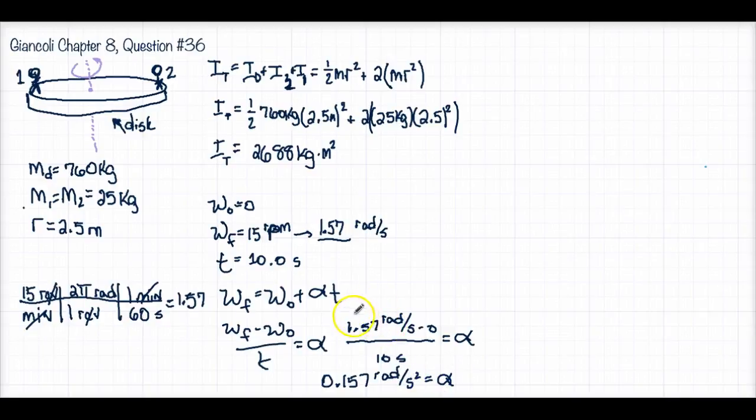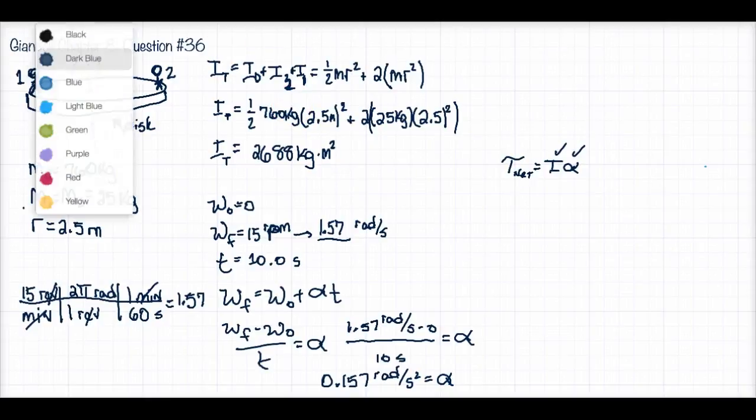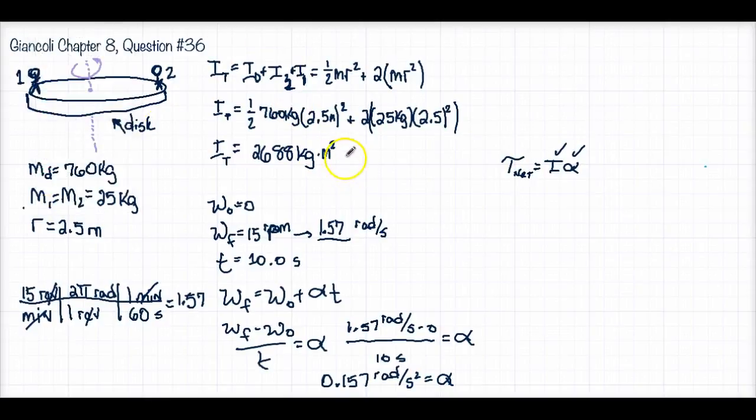So now I have both my angular acceleration and my moment of inertia. I'm going to finish this problem with a last step by recognizing that a net torque will cause an angular acceleration. I have both I and alpha, which can be substituted. Let's take this number, plug it in for I, and take this number for acceleration and plug it in right here.